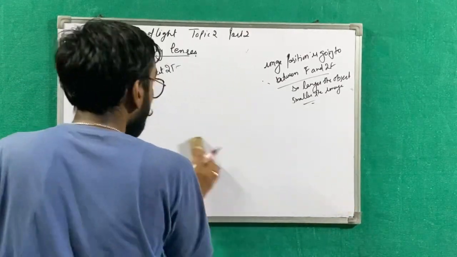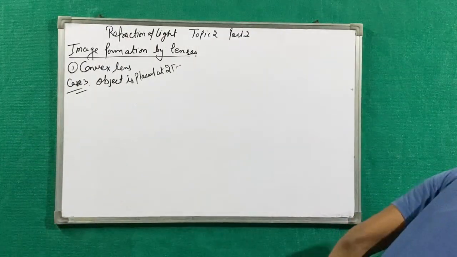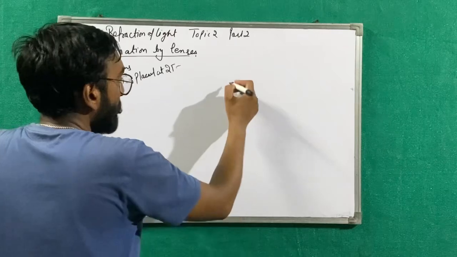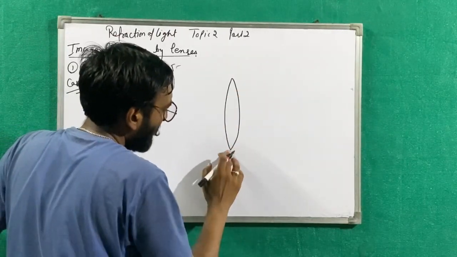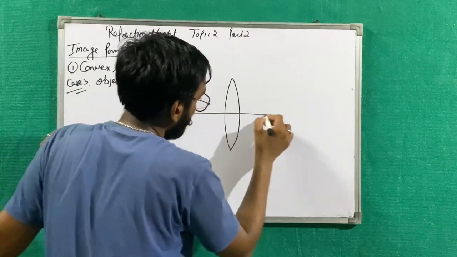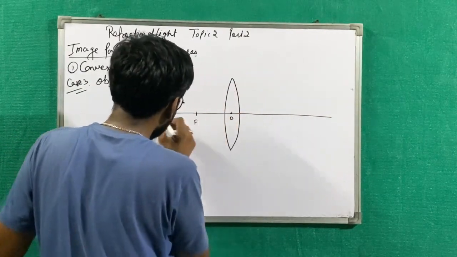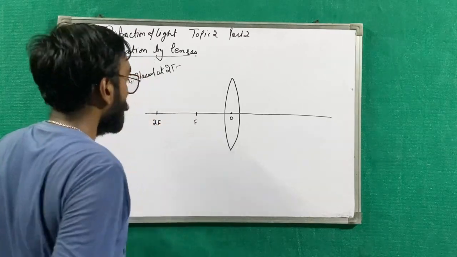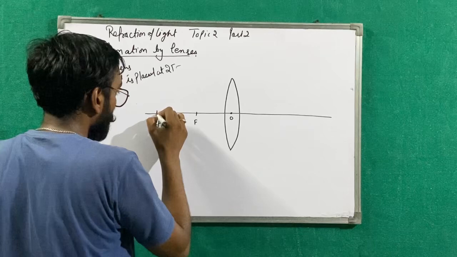If the object is placed at the center of curvature or radius of curvature, what is going to happen? Firstly, placing a lens, making the principal axis. So 2F, C, R.